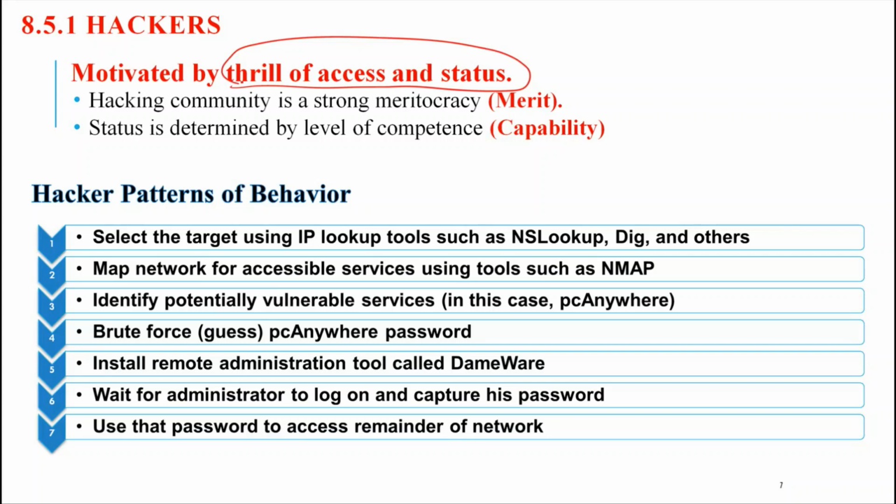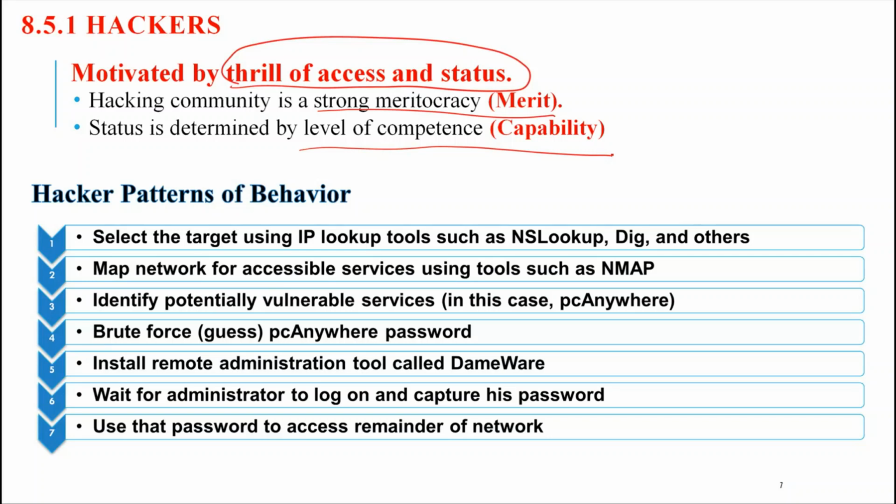This is the motivation of the hacker groups. The hacking community is a very strong meritocracy, strong academically, knowledge wise and skills wise. The status is determined by the level of competence. They prove themselves based on their competence and capability. So this is the hacking community.